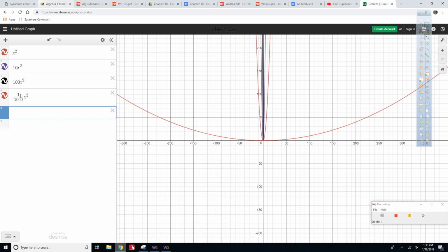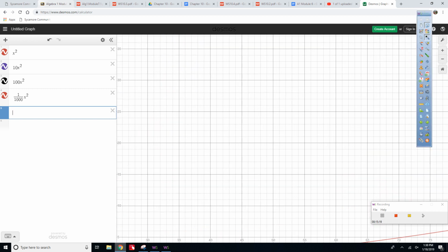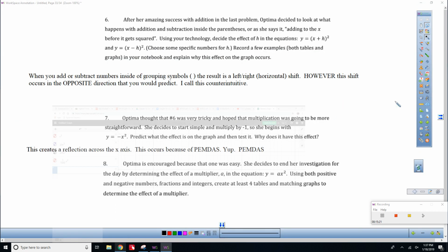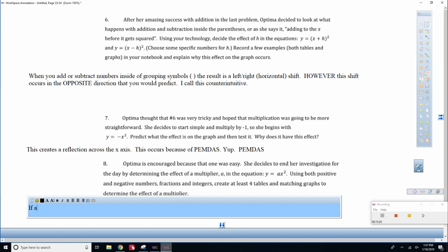So what if this A value is small? It makes it wider. All right, that's the end of the video, so let me type that in. If A is greater than 1, then our parabola gets thinner.